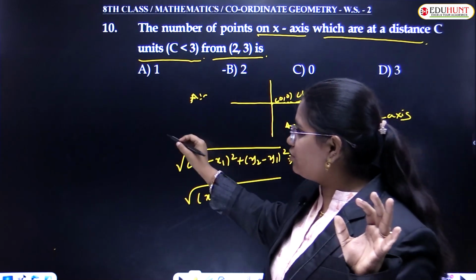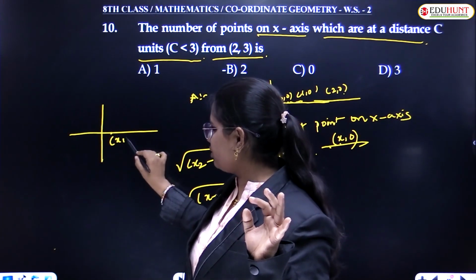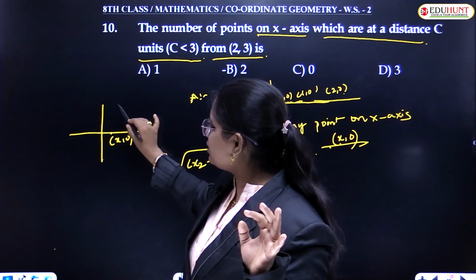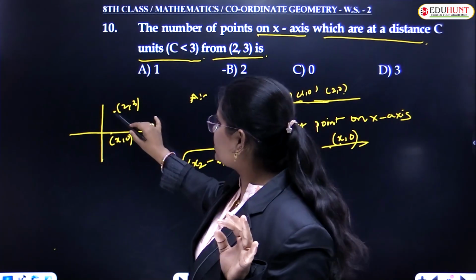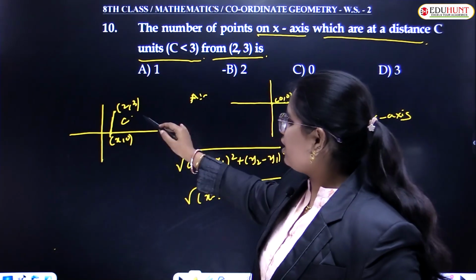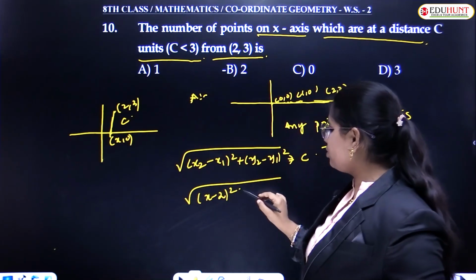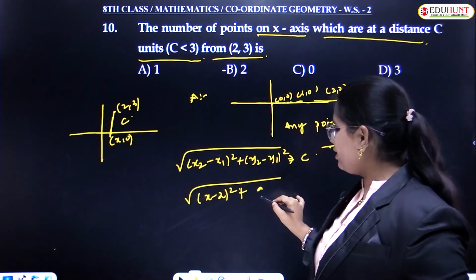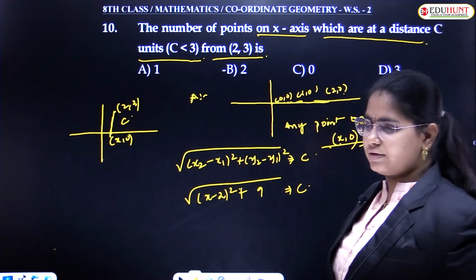The given point on the x-axis is (x, 0), let me take, and this is (2, 3), this is 2 and that is 3. So the distance between this and this is given as c. I am just applying the distance formula: x minus 2 whole square, 0 minus 3 whole square, which is 9, and this distance is c.